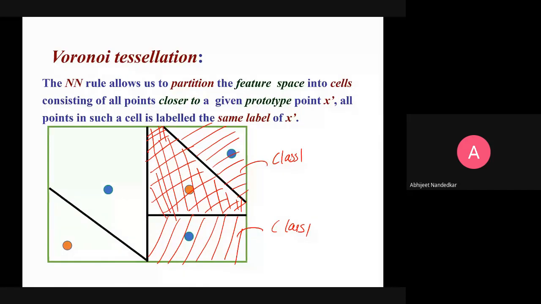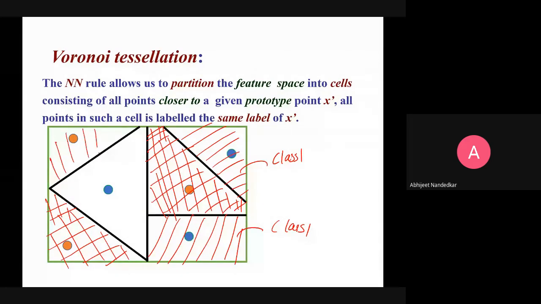I have to change the cell. So this will now be the cell representing class 2. If I add one more, then this will also be a zone for class 2. And obviously this will be class 1.